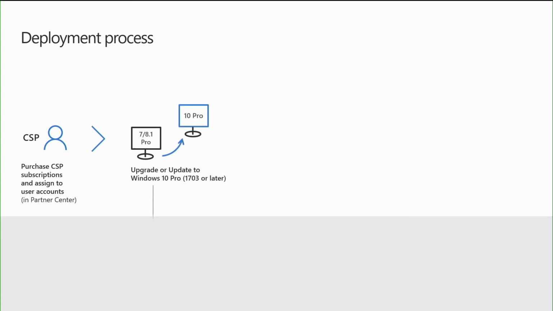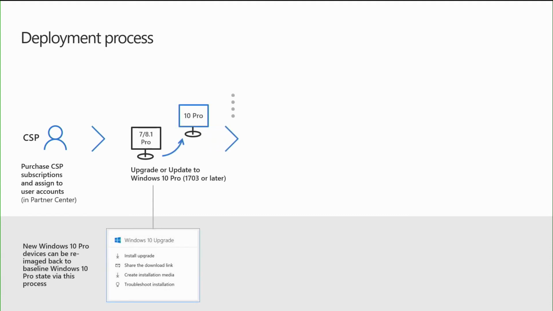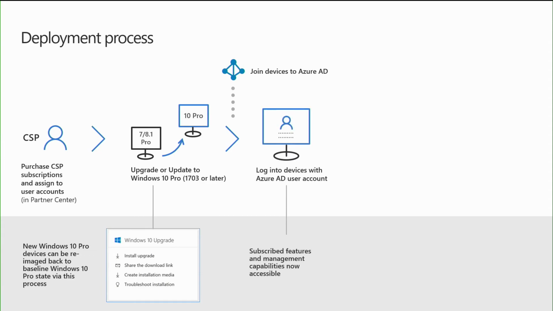And so the deployment process on the Windows side, if you're a CSP, pretty much looks like this. As a CSP, you will purchase your subscriptions, and you will set the device policies on the admin console, as we showed you.